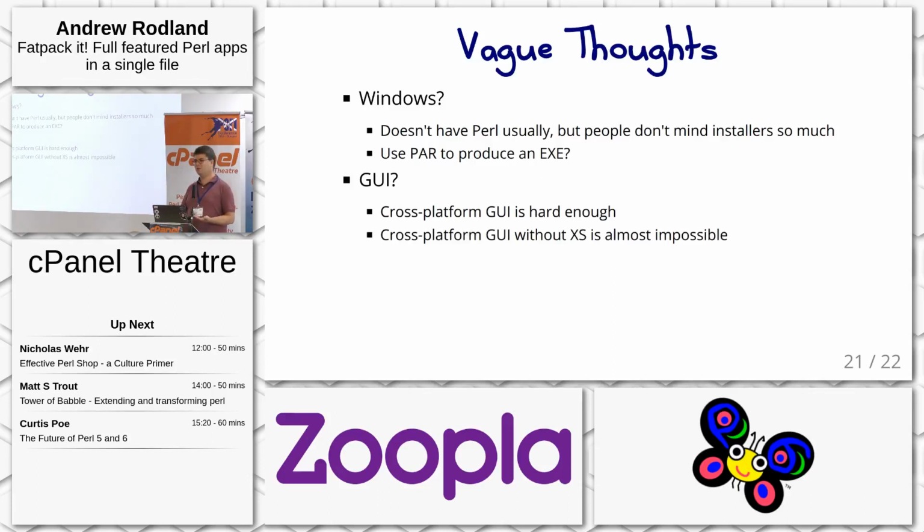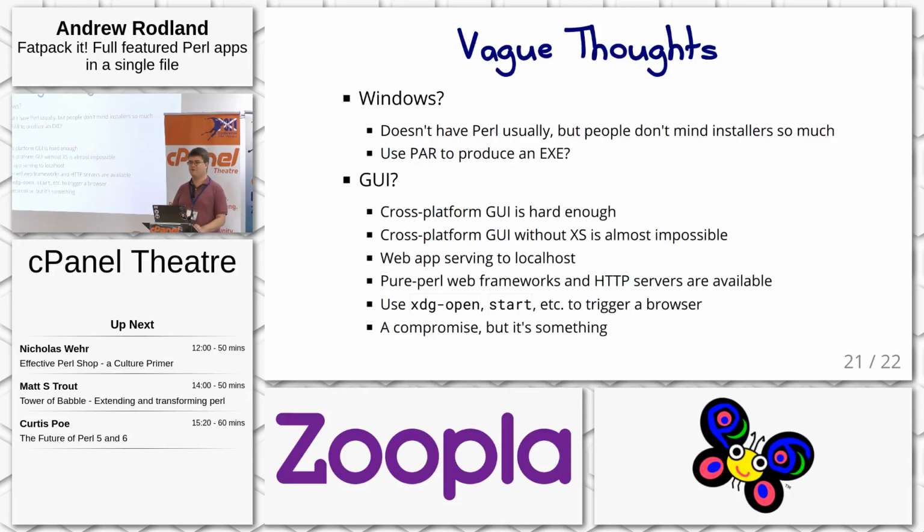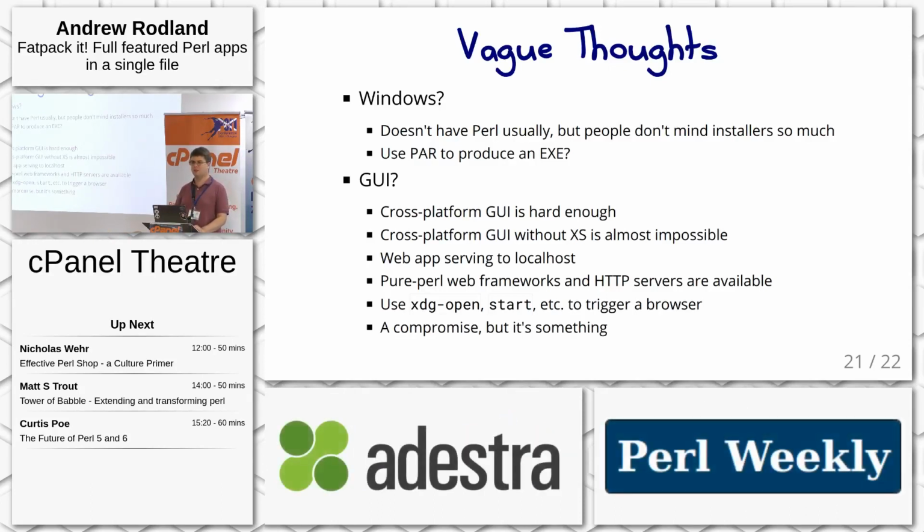Another question is, well, what do we do about GUIs, right? Because cross-platform GUI without needing any native libraries sounds pretty much impossible to me. Well, everything is web these days, right? And there's pure Perl web frameworks, there's pure Perl HTTP servers.